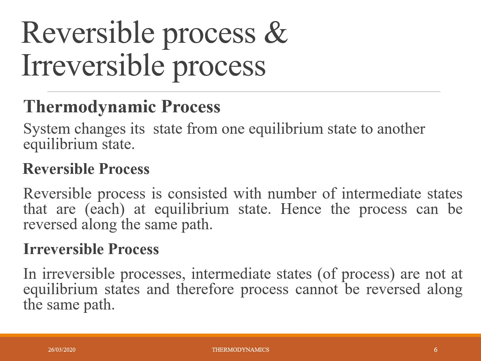All are irreversible, that cannot be reversed along the same path. Shall we read this? Intermediate states are not at equilibrium states, and therefore the process cannot be reversed along the same path of the process followed.